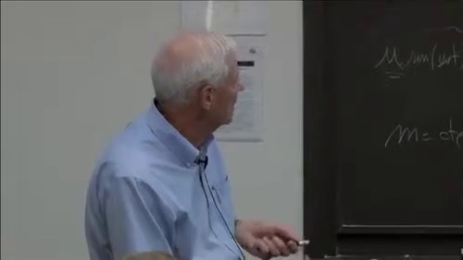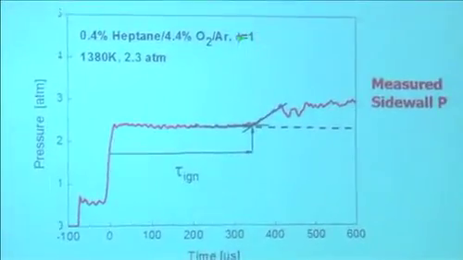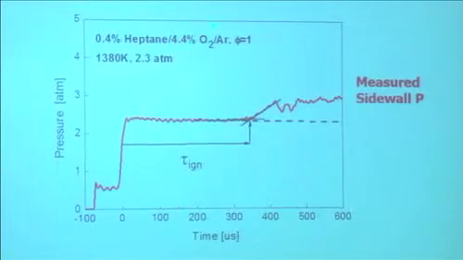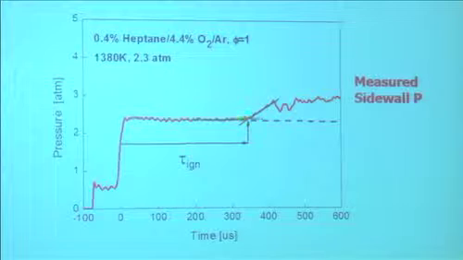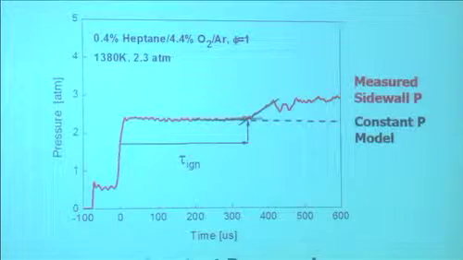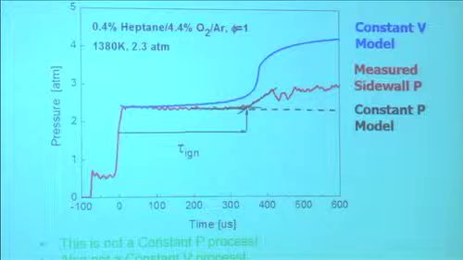We can see this. Here, I'll give you an example. Here's a heptane experiment. Equivalence ratio of 1, that's 4,000 parts per million of heptane, so it's not a lot of heptane. Here's our pressure trace. Here's the pressure change that takes place when we do our experiment. Well, it's obviously not constant pressure. This is the calculation for what the pressure ought to be if it's constant volume.